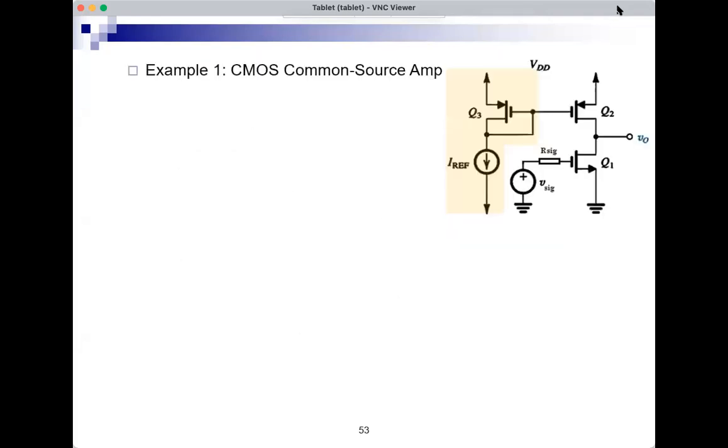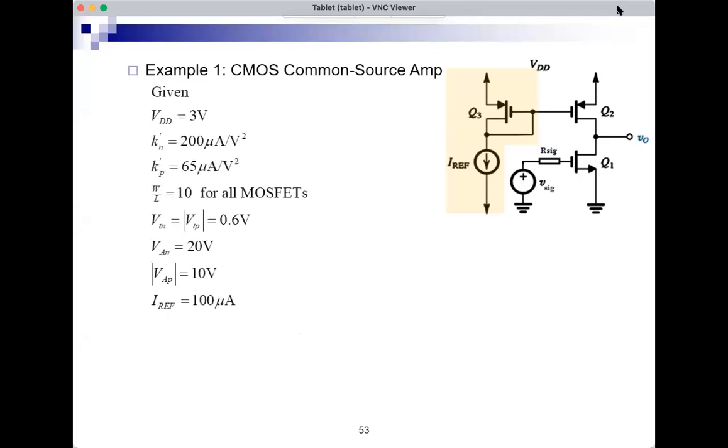Let's do a numerical example. This is the same circuit that we have, the common source amplifier, and I have the following numerical values. The supply is 3 volts. I'm given K'n and K'p, W over L for all the MOSFETs, VTN and VTP, VAN and VAP. The reference current is 100 microamps.